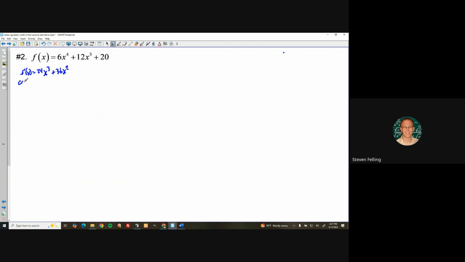Critical points we can evaluate by finding where that first derivative is 0, or wherever that first derivative does not exist. This is a polynomial, so it exists everywhere, but there are places where this is 0. I can factor out the 12 and an x squared, leaving the 2x plus a 3.